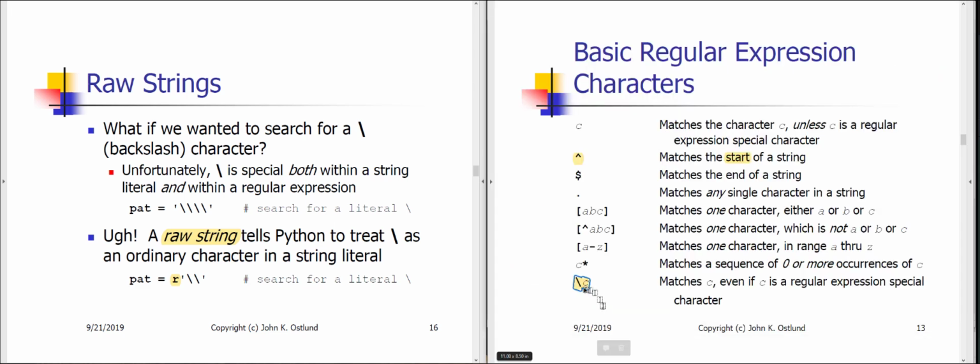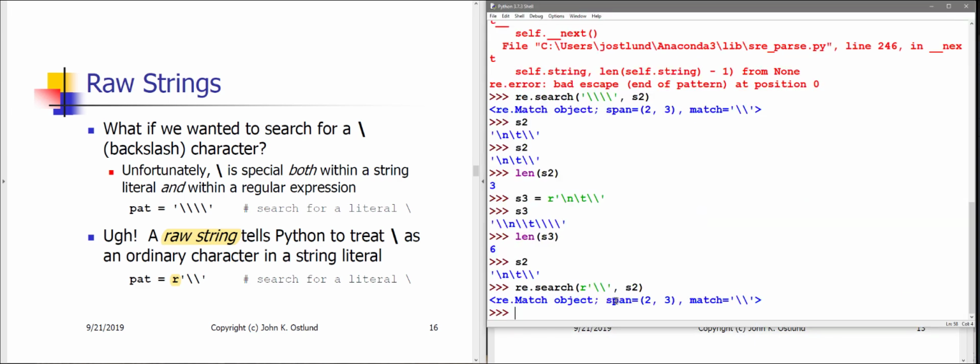And in regular expression notation, backslash backslash means to look for a literal backslash character. And I did find a match. Okay, so I'm reasonably confident this is quite confusing the first time you encounter this discussion about multiple backslashes. The upshot is, though, that we're just going to get in the habit of putting R in front of all of our patterns going forward.